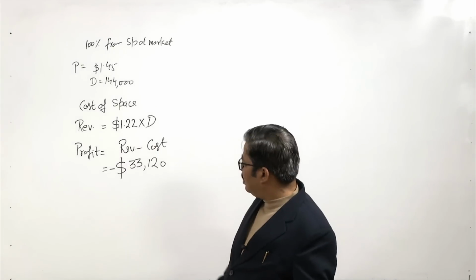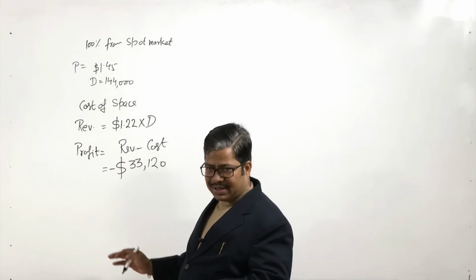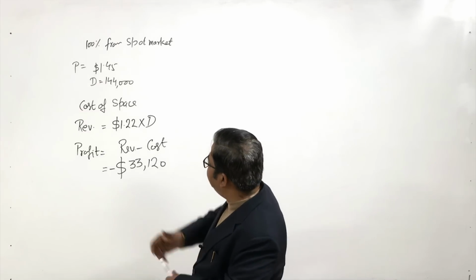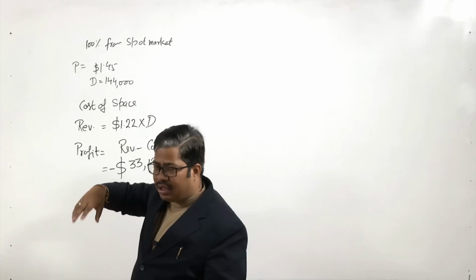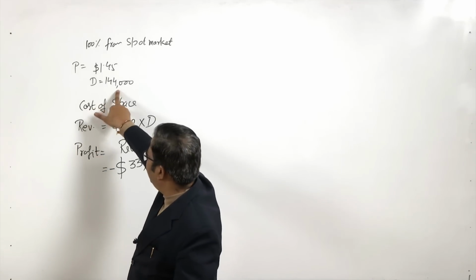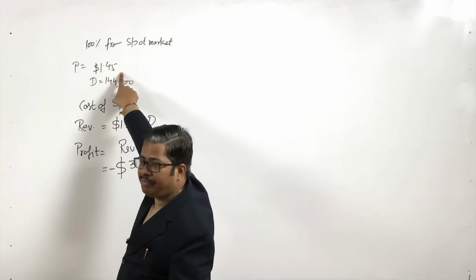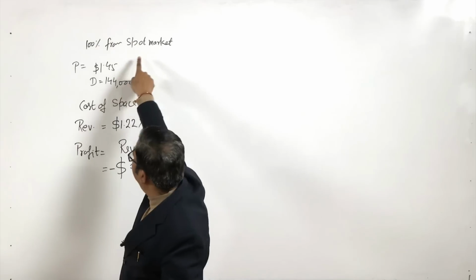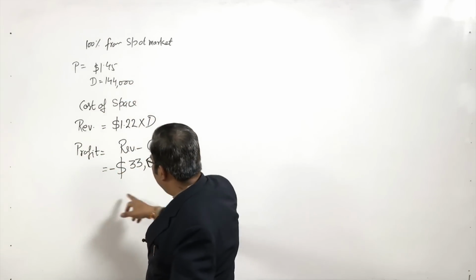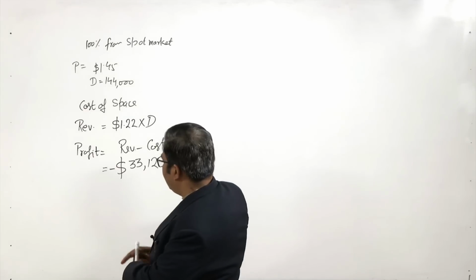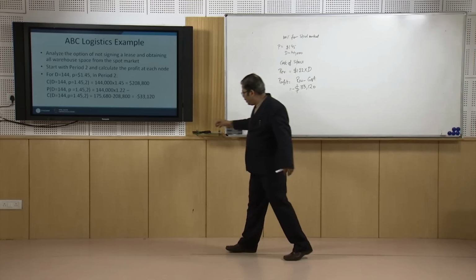In fact, this minus sign signifies that it is a loss. If this type of situation comes where demand increases from original 100 to 144 units, price increases from 1.20 to 1.45, and we are fulfilling our total requirement from the spot market, then this is negative, it means this is the loss we are going to have.